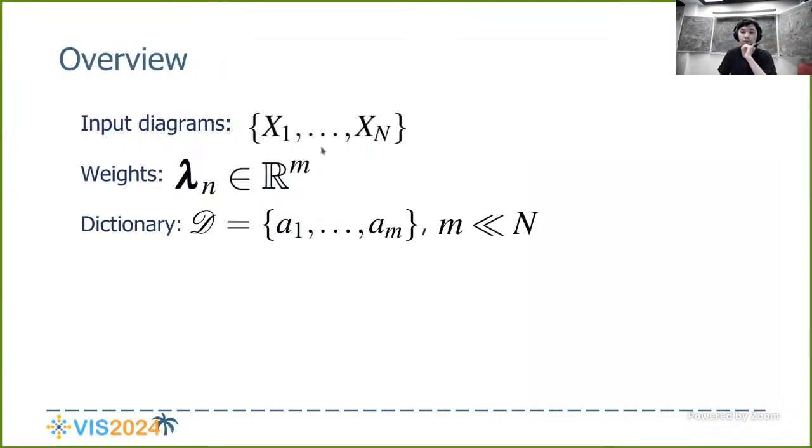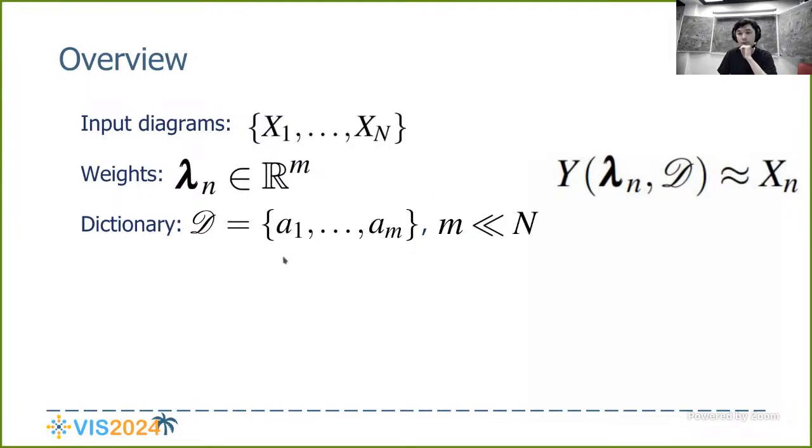So the problem is as follows. We have n input diagrams x1 to xn, n barycentric weights lambda n, and a dictionary D, an ensemble of diagrams, which size m is way smaller than n. And what we want is to optimize each barycentric weights lambda n and dictionary D, so that the nth barycenter yn is a good approximation of the input diagram xn.